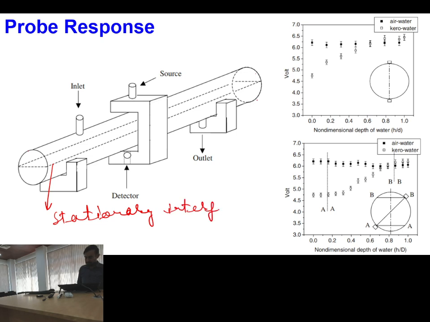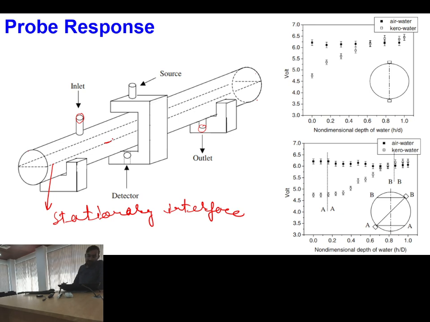This interface can be between gas and liquid, or between two liquids. In this tank an inlet and an outlet are provided, and the function of the inlet and outlet is just to vary the interface height at different levels within the stationary tank. Basically the idea is to calibrate the system.